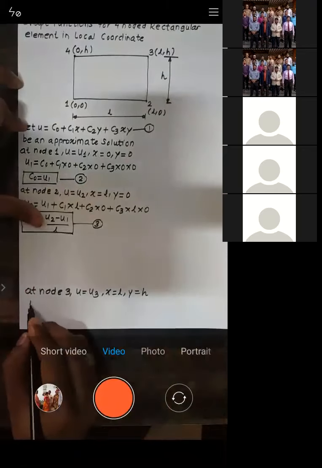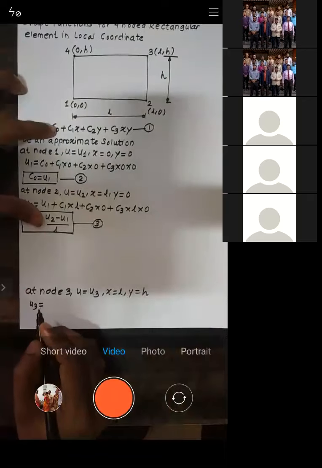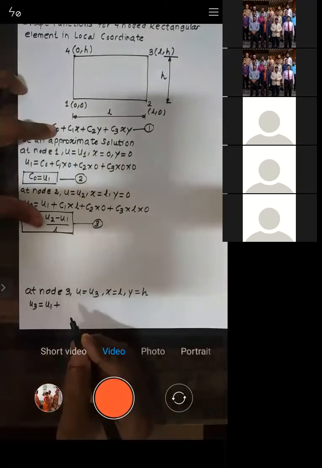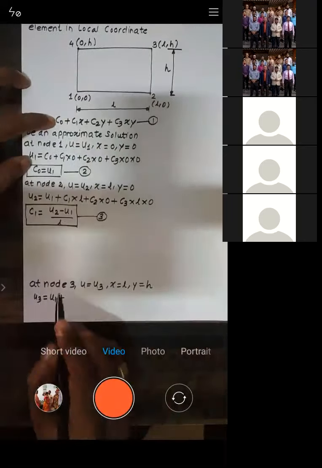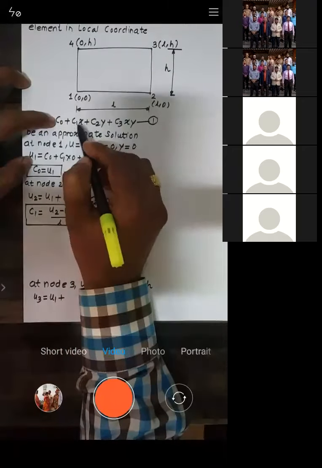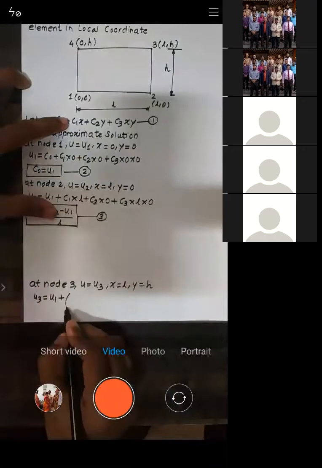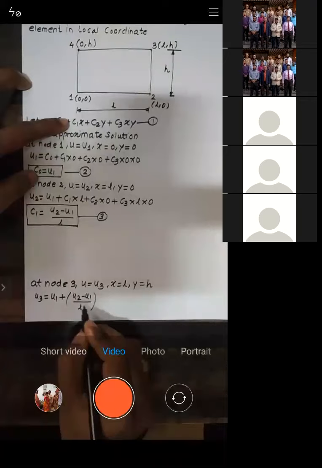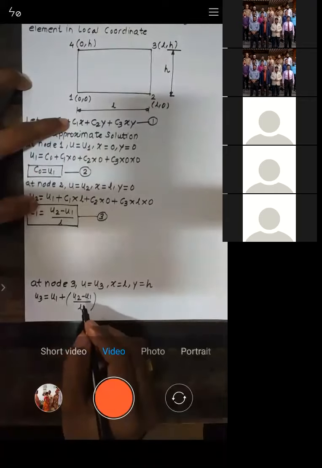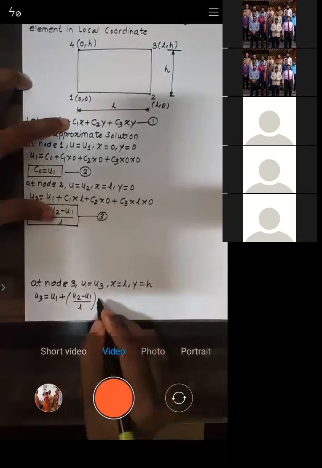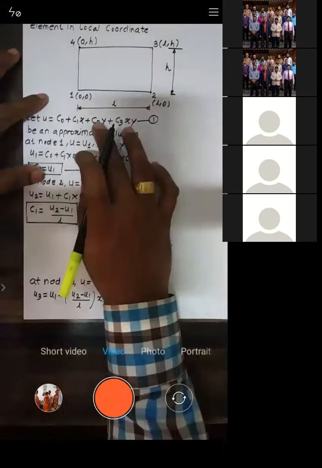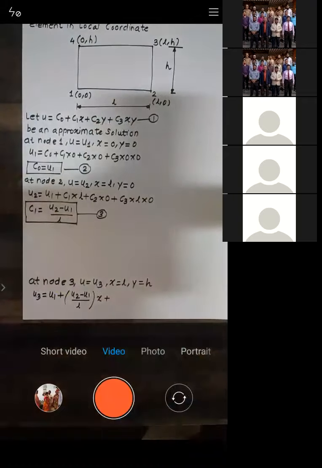U is equal to U3, C0 is U1, plus C1, which is U2 minus U1 by L, into X, plus C2y plus C3xy. Whether you know C2 or whether you know C3.